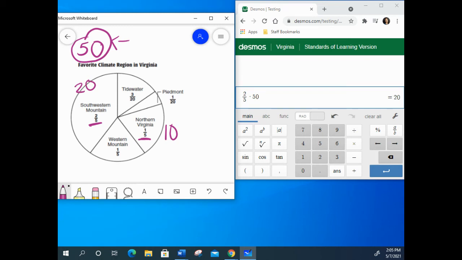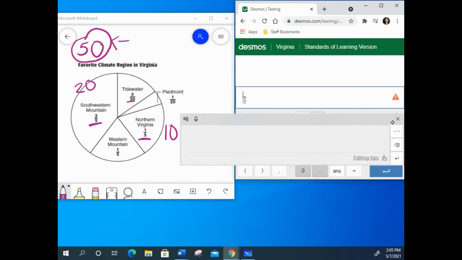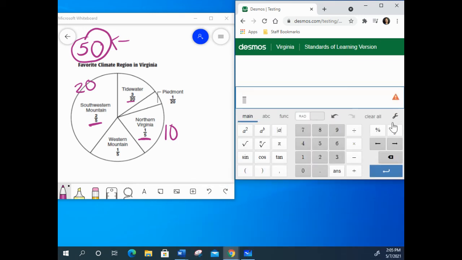Now I'm going to try one more where the denominator is not 5. So let's look at Tidewater. So Tidewater has 3 out of 20. So I'm going to clear out my Desmos calculator. And we're trying to find what 3/20 of 50 is. So I'm going to use my fraction bar. And I'm going to type 3 as my numerator. My denominator will be 20.